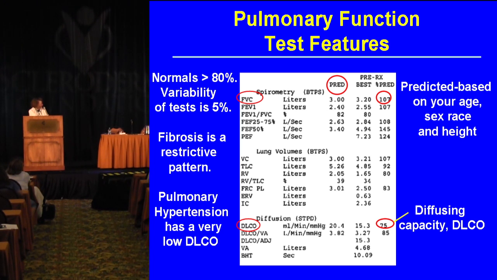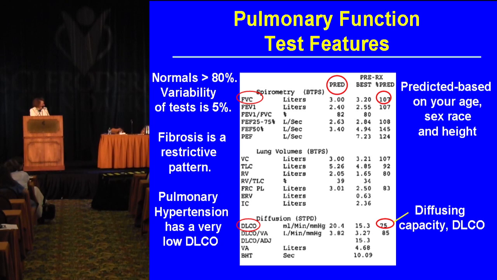And the pulmonary hypertension is one that's associated with a very low diffusing capacity, or a low DLCO. But the DLCO can also be low in fibrosis. And so that's why we have to have both of these numbers to tell what's going on there.